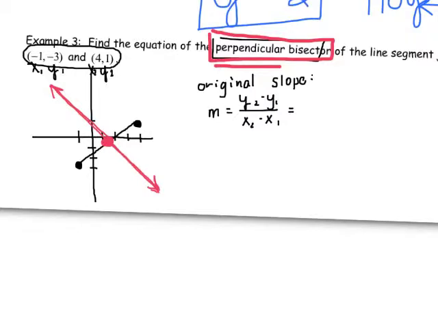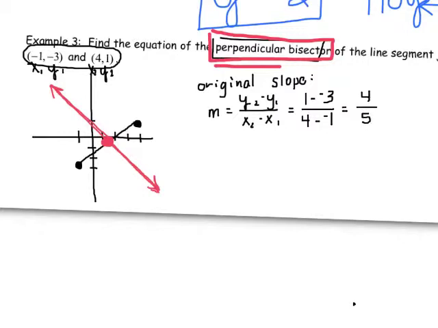So 1 minus -3 over 4 minus x1, -1. So both of those end up changing to positive. So 1 plus 3 is 4. 4 minus -1, 4 plus 1 is 5.